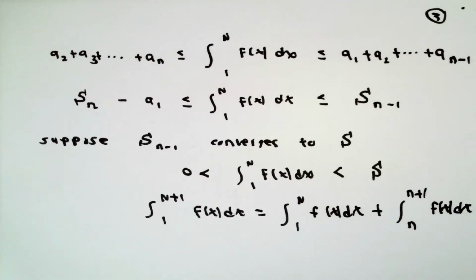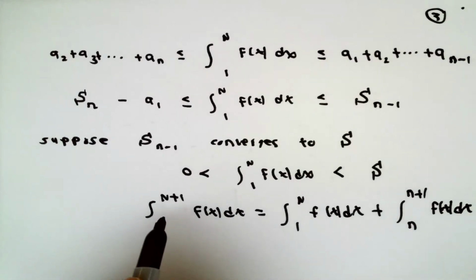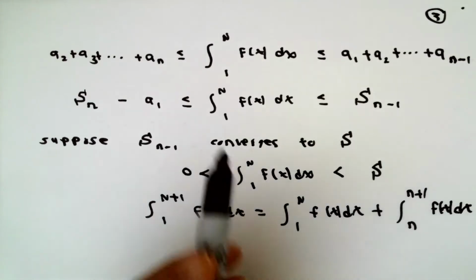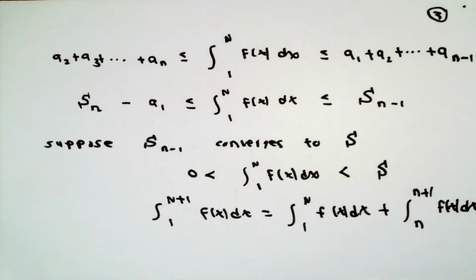Because the function is positive, this must be positive, and the n plus first integral is bigger than the nth integral. This means that the collection of these integrals that I'm looking at forms a bounded increasing sequence of numbers. Therefore, the sequence of integrals converges.